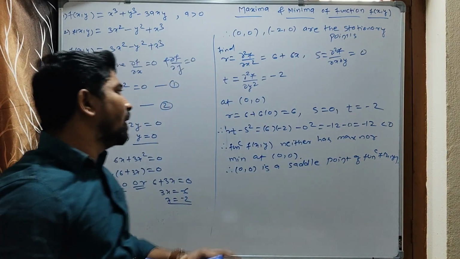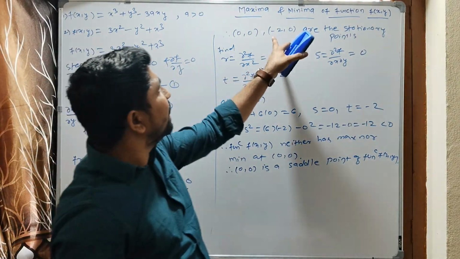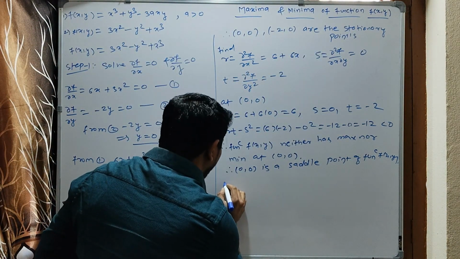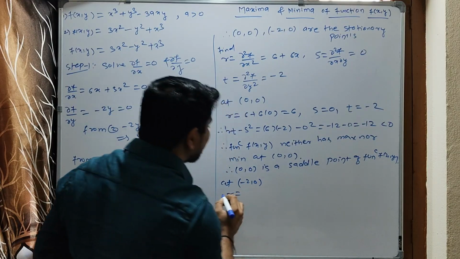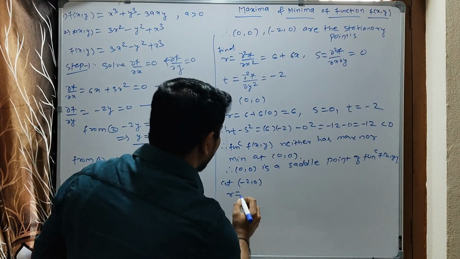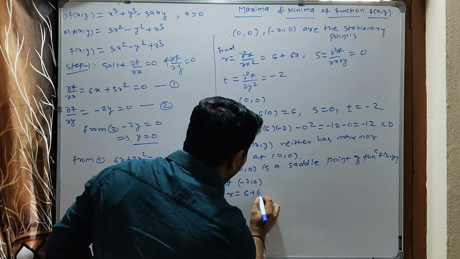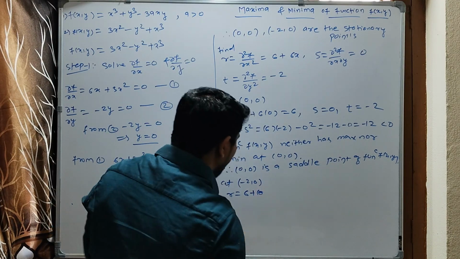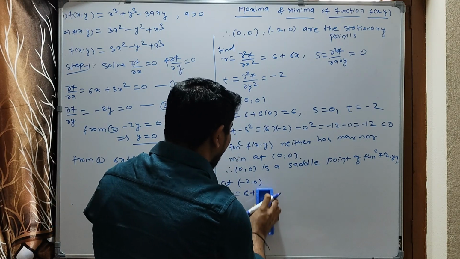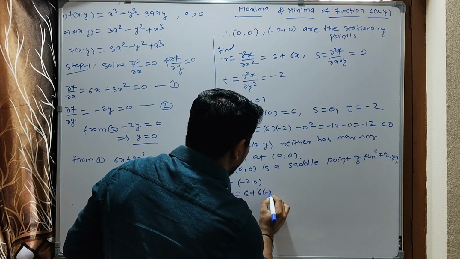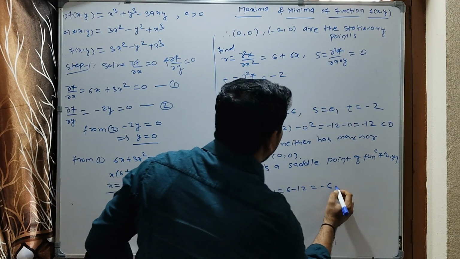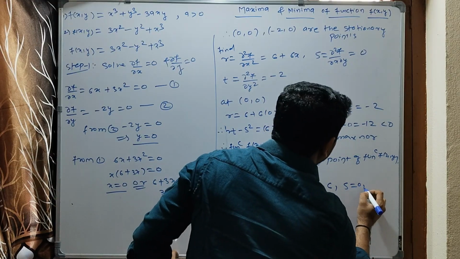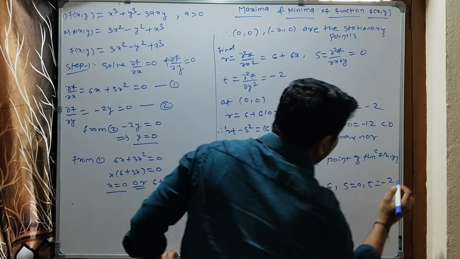Now at minus 2 comma 0, r equals, when x is minus 2, 6 plus 6 into minus 2, which is equal to 6 minus 12, which is equal to minus 6, and s equals 0 and t equals minus 2.